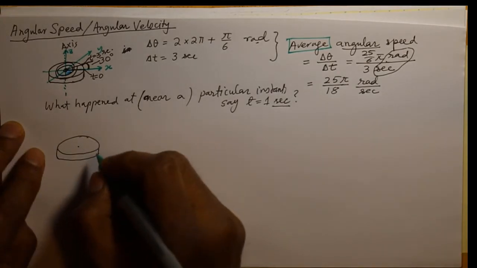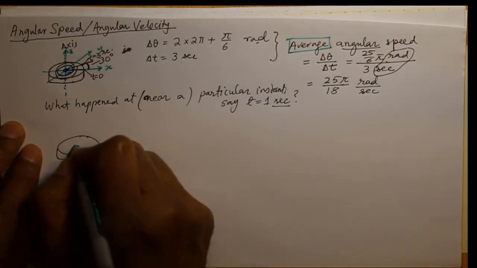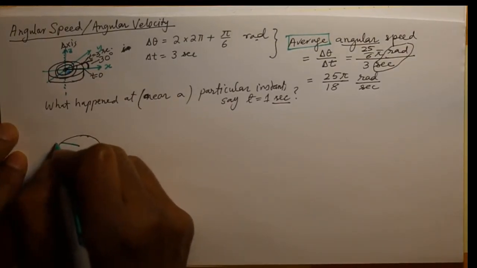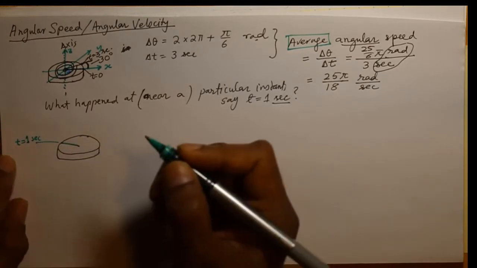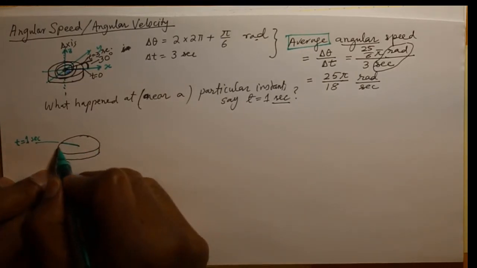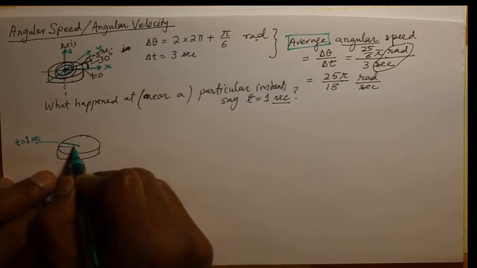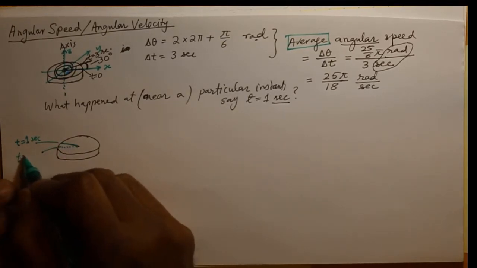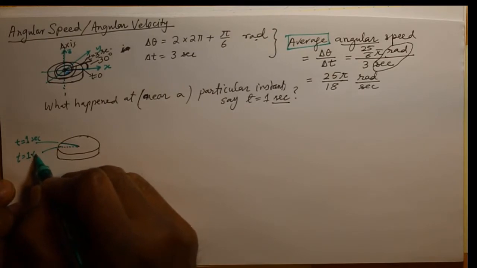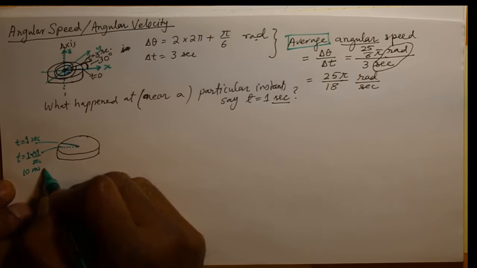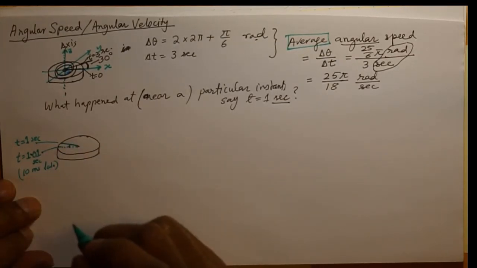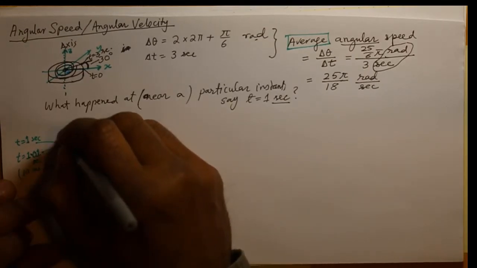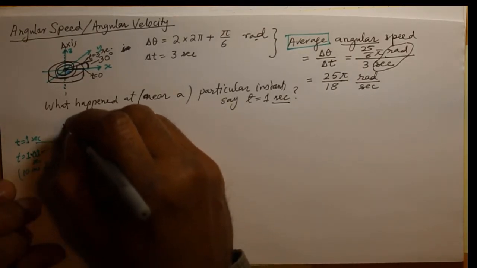So maybe, t equals 1 second, the marker was at t equals 1 second. Then you say, I want to get very close to that. Maybe this is t equals 1.01 second, 10 milliseconds later, it is over here, and maybe this angle is 10 degrees.